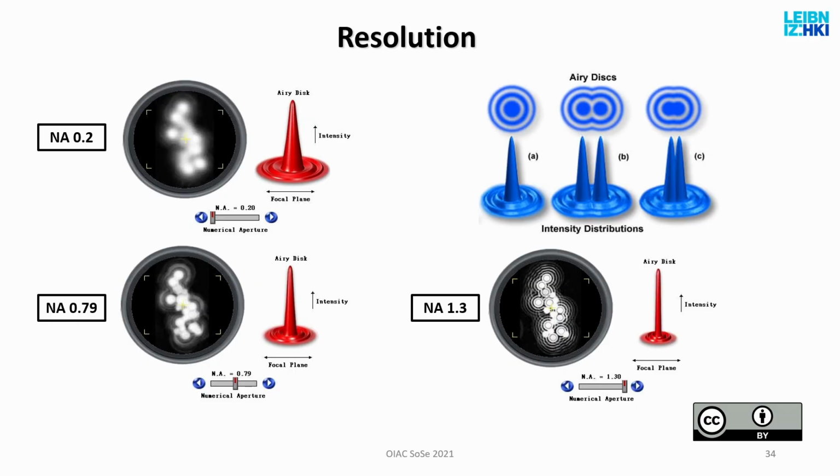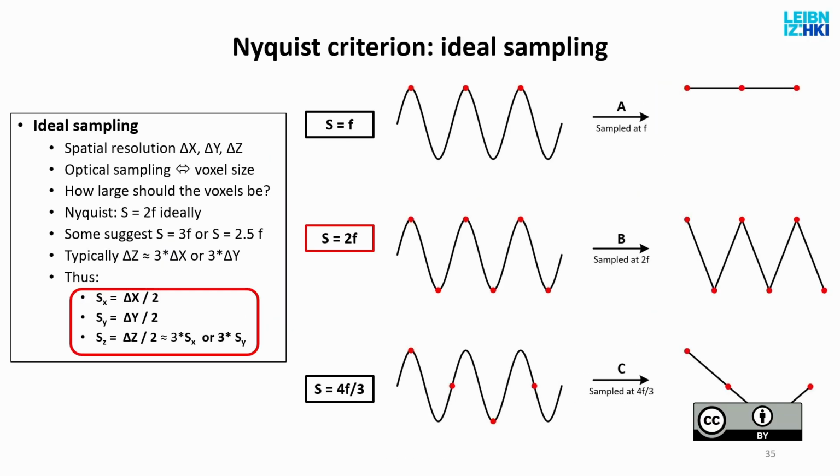Okay? So when I go up with numerical aperture through this way, eventually I can get to a point where I can see individual objects. What was the condition? The condition was to have this Airy pattern small enough, narrow enough, thin enough, so that these 2 objects separate.